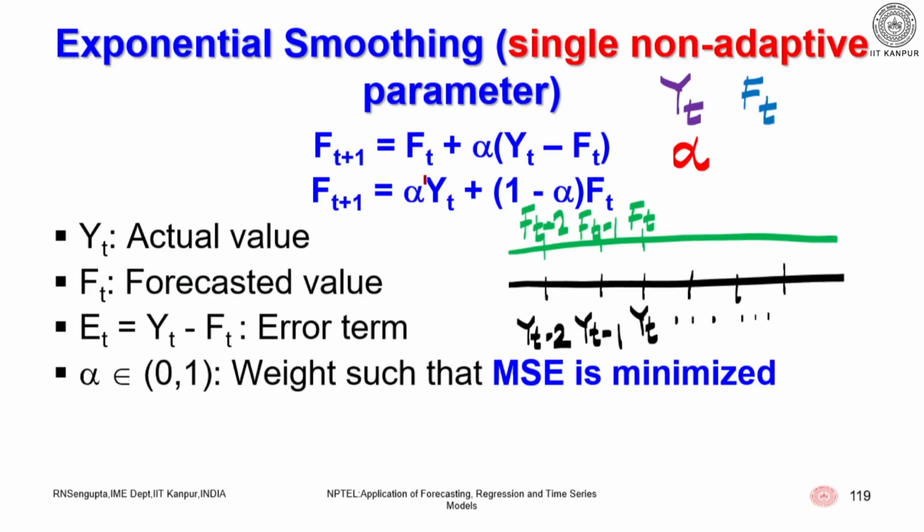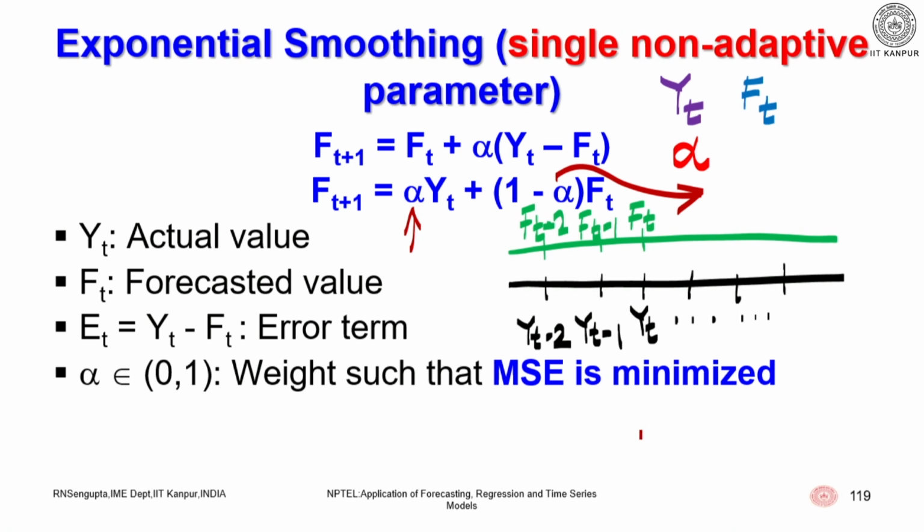I assign a weight of alpha to y t. So, higher the alpha means more the weightage I am giving to the actual value, and the corresponding weight for f t is basically alpha 2, because if you remember, alpha 1 plus alpha 2 is 1.